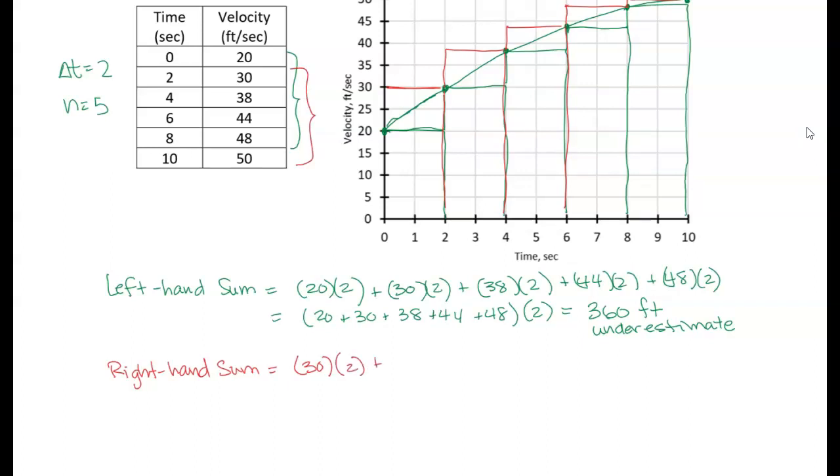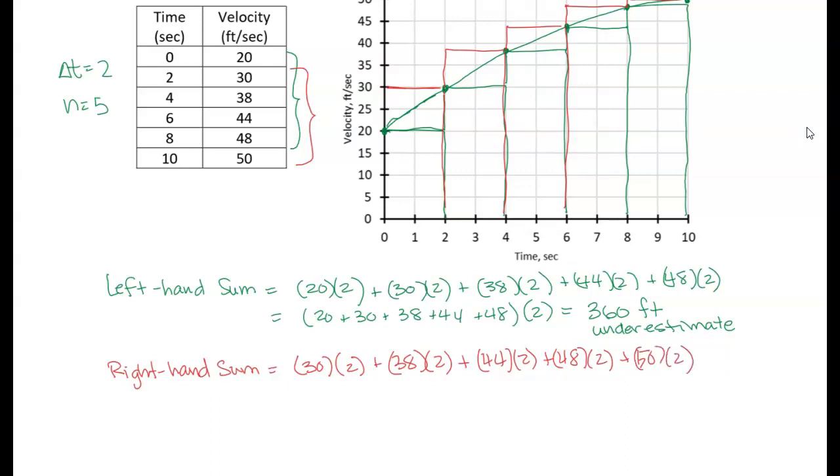And then the next rectangle is going to be 38 times 2 plus 44 times 2 plus 48 times 2, and then plus 50 times 2.